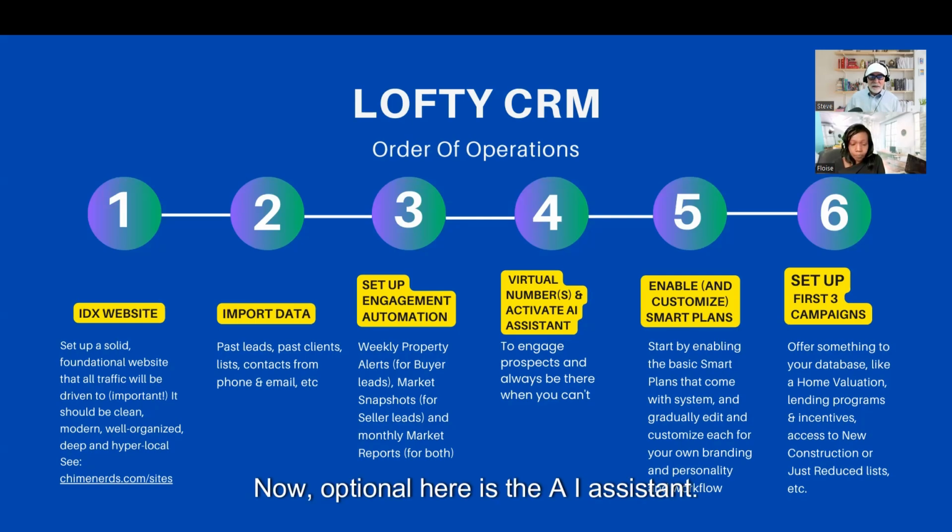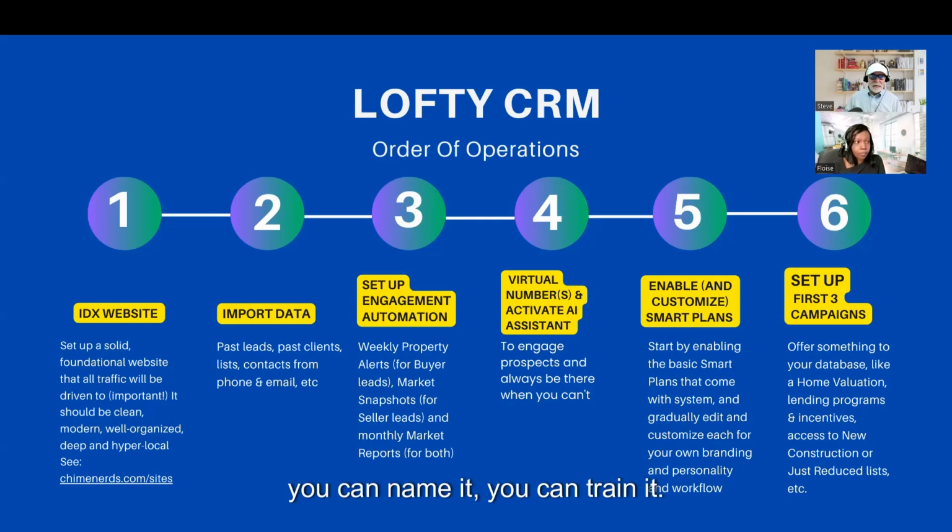Now, optional here is the AI assistant. We recommend it. We use it. You can use the company AI that comes with the platform, probably. It might be provided by your broker. And if not, you can always go and purchase your own AI assistant for, I believe it's $39 a month, Floyce, right?